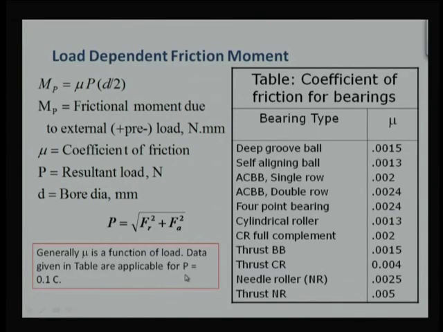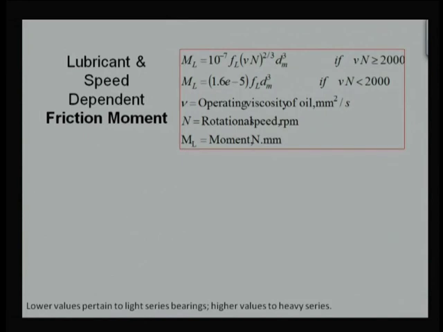If the load is more or lesser than this, the friction force or coefficient of friction will vary. Particularly when the equivalent load P is more than 10% of the dynamic load carrying capacity, the coefficient of friction will be much higher than the listed value.